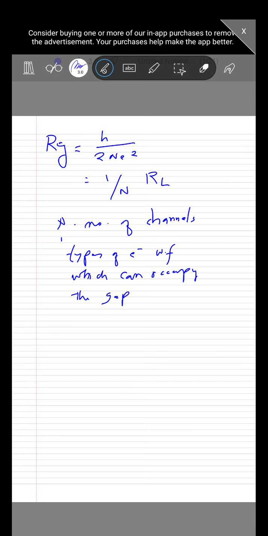By gap we mean the nano dimension through which the electrons are flowing. And the source and the sink are connected by these n channels.